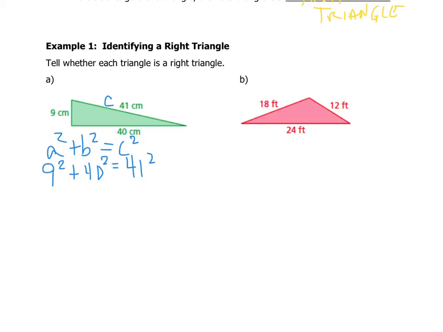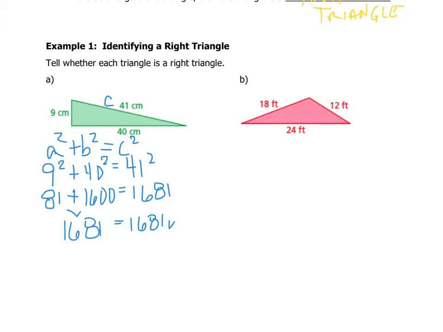Order of operations: 9 squared is 81, 40 squared is 1600, and 41 squared with a calculator is 1681. 81 plus 1600 equals 1681. If the left side equals the right side, the equation works, so yes, this is a right triangle.